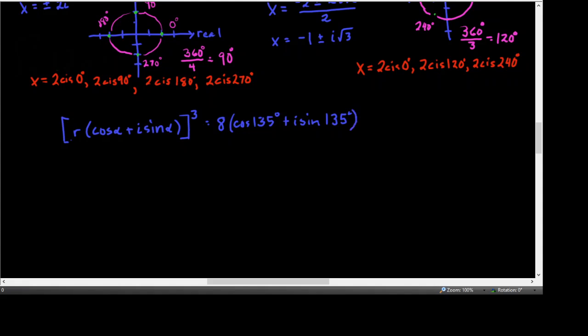Okay, so if we think about the left side and use de Moivre's theorem, that would be r cubed cosine of 3 alpha plus i sine of 3 alpha would equal 8 cosine of 135 degrees plus i sine of 135 degrees.